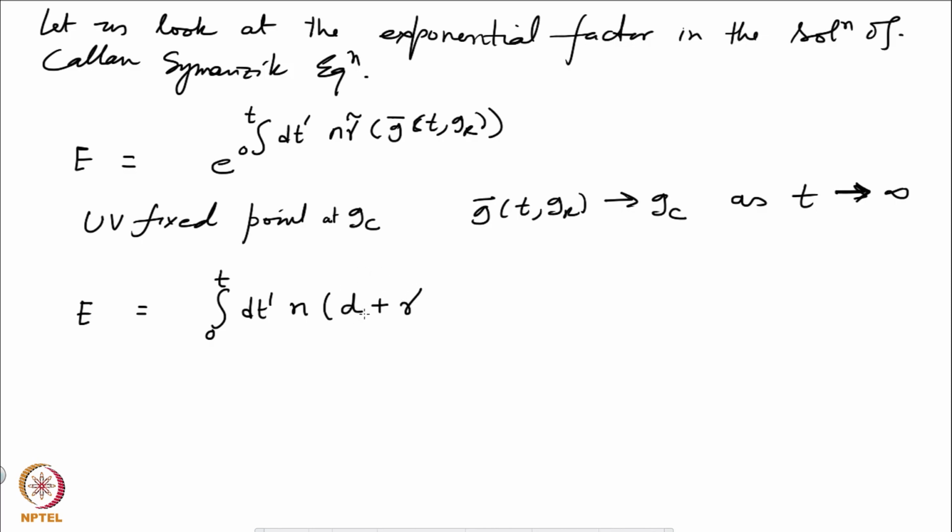So this is gamma tilde, d phi plus gamma phi, but I'm omitting the phi. And the anomalous dimension gamma is a function of g bar, and g bar is a function of t and g_R.